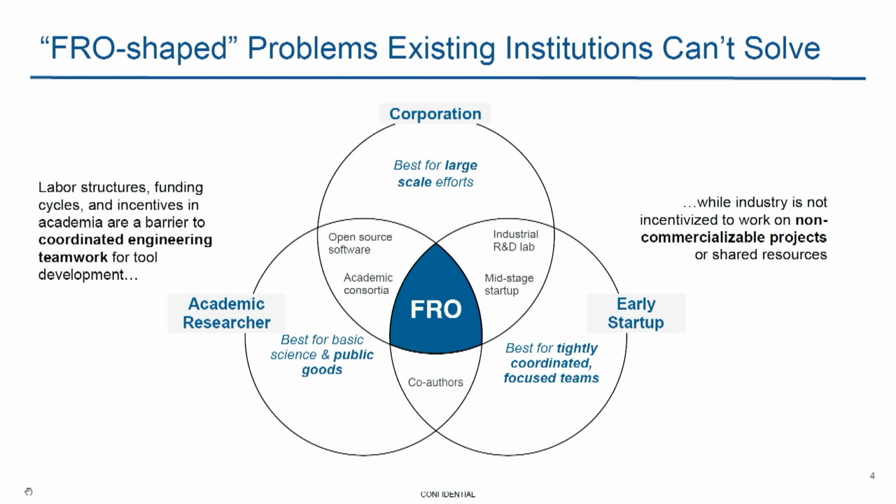The nice thing, as opposed to academic research, is that we are not tied to funding cycles or other incentives in academia that are a barrier to coordinated engineering teamwork. And as opposed to industry, which is mostly not incentivized to work on non-commercializable projects or shared resources. So the tools that we develop will be shared with the community.